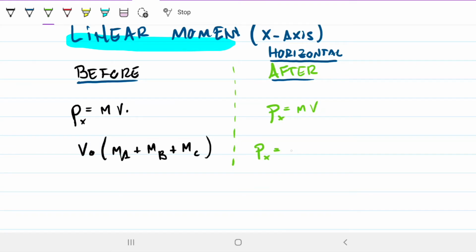We have the mass of C times the velocity of C, right? Because what's the velocity of A in the x direction? Nothing. What about B? Nothing in the x direction either, right?